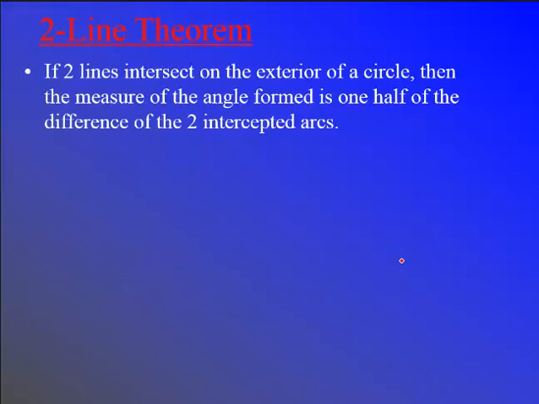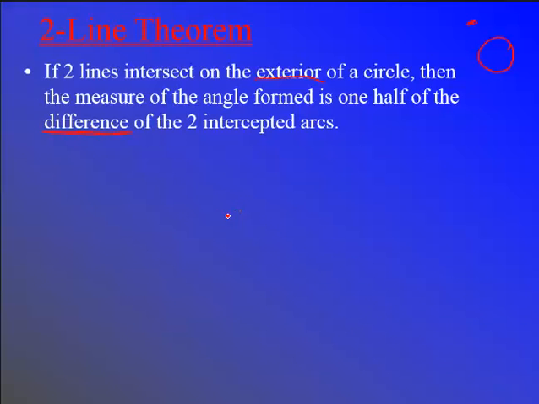Okay, last theorem, I believe, is the two-line theorem. It says if two lines intersect on the exterior, what does exterior mean? If two lines intersect on the outside, so here's our circle, we got a point outside, two lines intersecting outside there, then the measure of the angle formed is half of the difference. This time we're going to subtract. So in all three theorems, we're taking half.